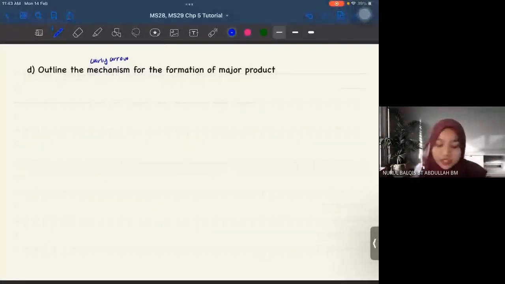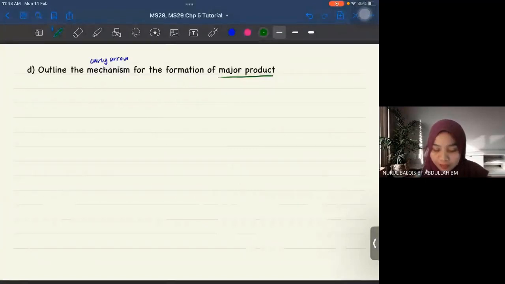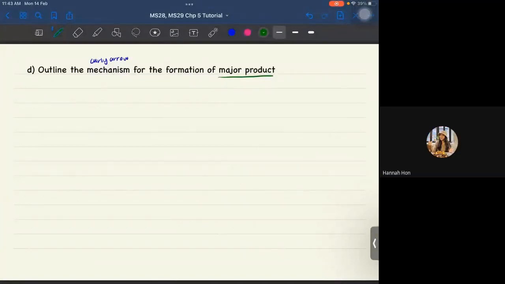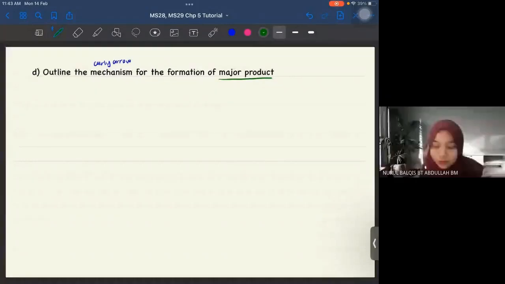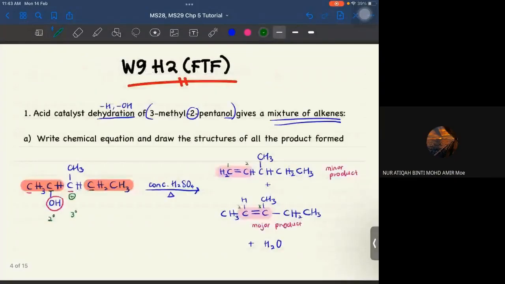Okay, now you need to outline the mechanism for the formations of major product. Even if the question didn't mention major product, kalau you have more than one product to be formed, always go for major product when dealing with mechanism. Okay, so kita akan buat mechanism ni. Mechanism untuk dehydrations of alcohol involve how many steps? 3.